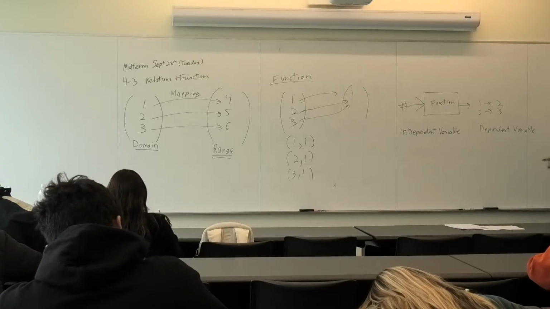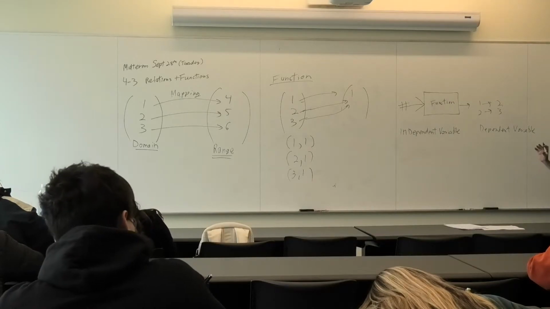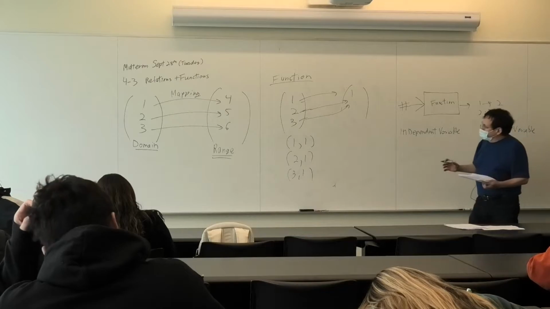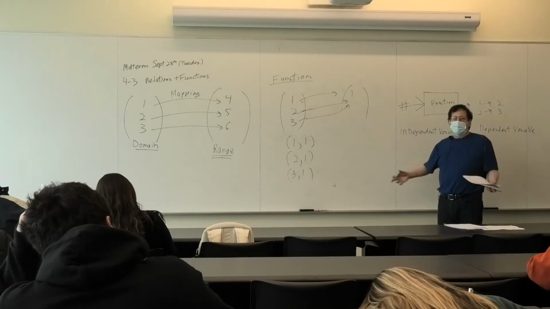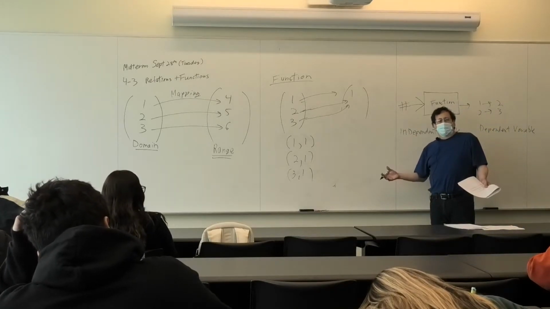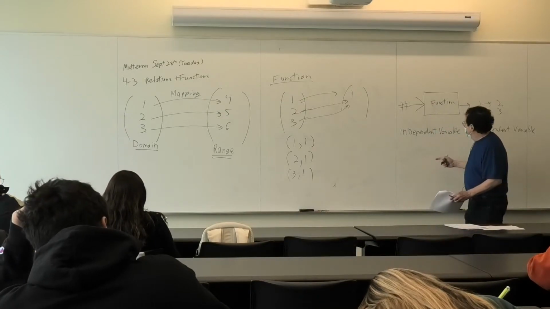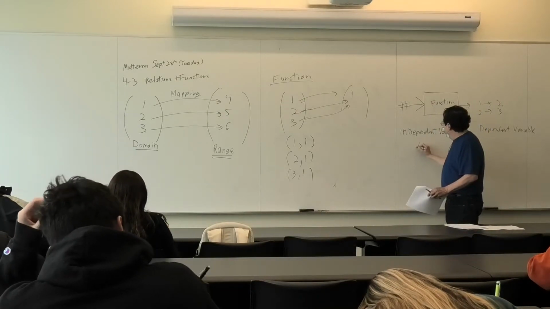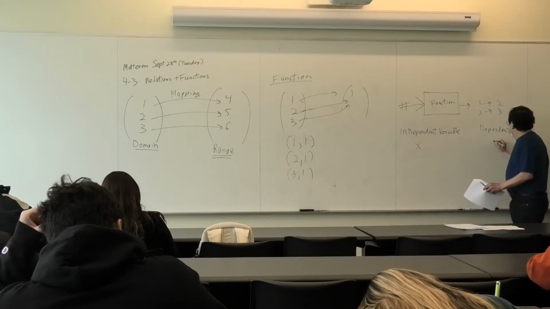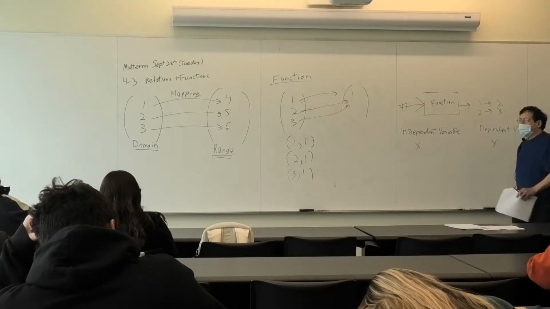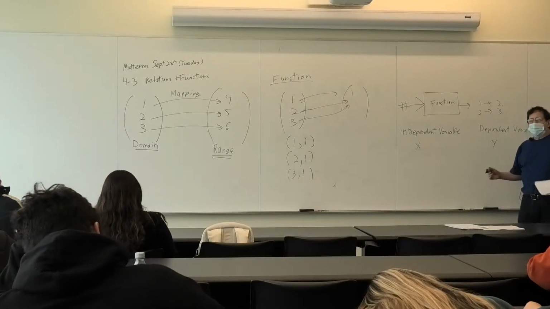Now, at this point, this may seem like I've spent a lot of effort to describe something in very vague terms, but you're probably used to this. You're probably used to an independent variable called x and a dependent variable called y. And you've probably seen this many times.